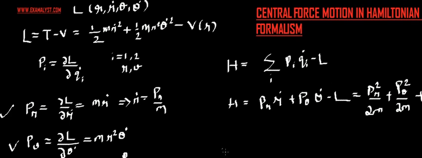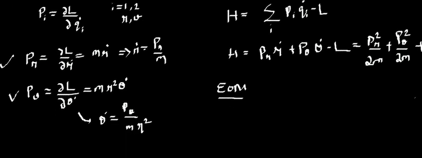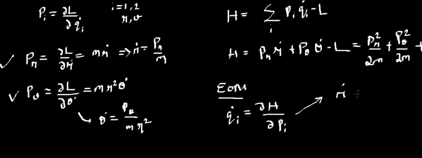Okay, so once the Hamiltonian is found, now we will look at the Hamiltonian equations of motion. Let's see what our Hamiltonian equations of motion are. The first equation of motion says q_i dot is del H by del p_i. Since i goes from 1 to 2, this will generate two equations, one with respect to r. So r dot is equal to del H divided by del p_r, and this will give us p_r divided by m.